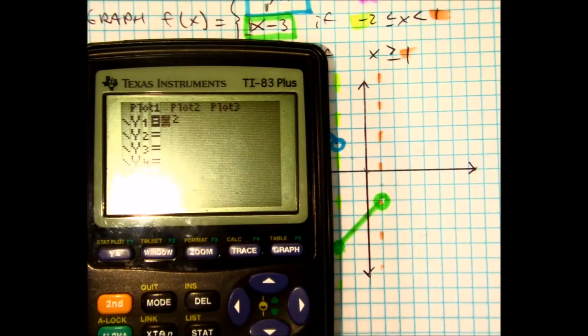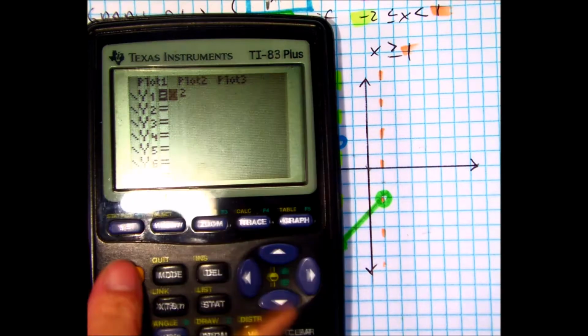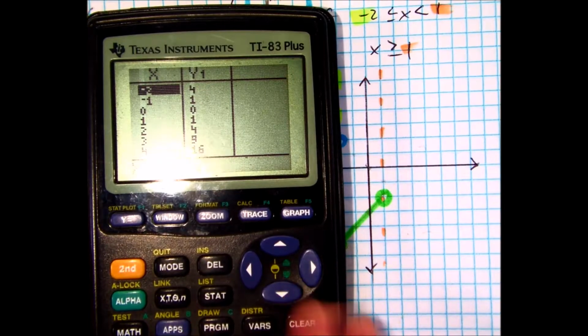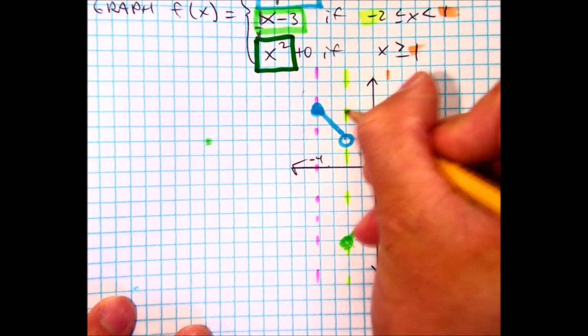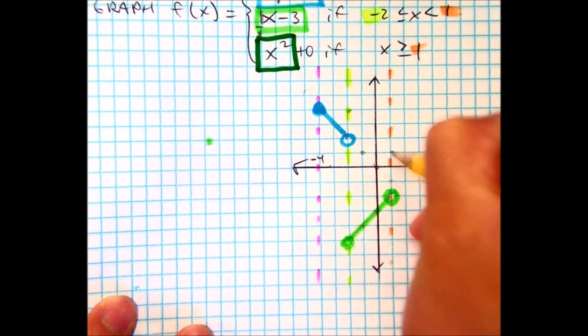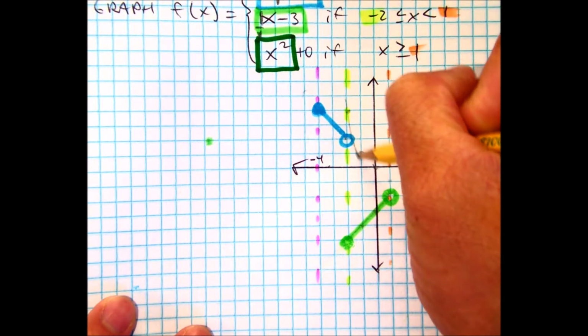If you just graph this really quick, y equals x squared, and if you go to your table, second graph, it gives you those points, right? You can just graph the first couple of points: -2, 4; -1, 1; 0, 0; 1, 1; and 2, 4. And you can sketch your graph.